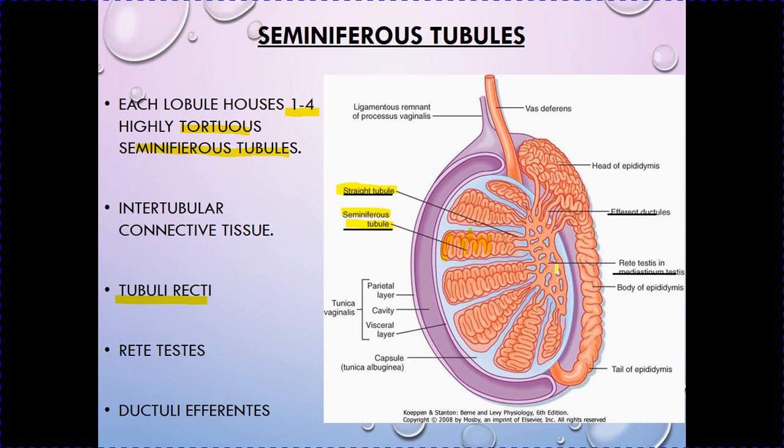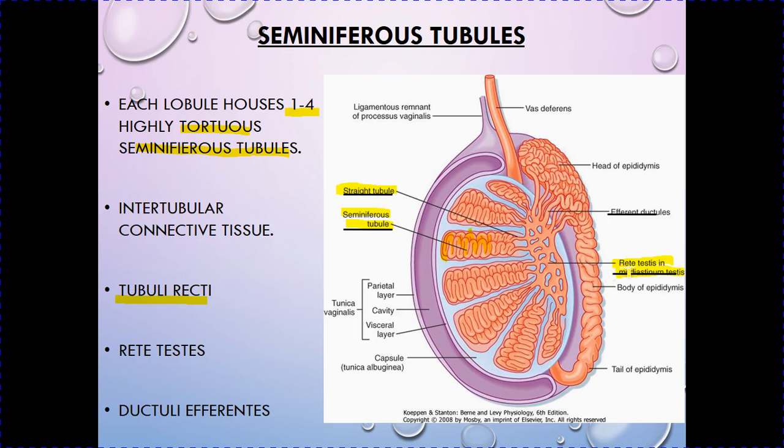The tubuli recti pass into the mediastinum testis and join a network of anastomotic channels which is called the rete testis. So look, the straight tubules are opening into an anastomosing channel called the rete testis, and it is present in the mediastinum testis. So the rete testis is a channel of anastomosing tubules.